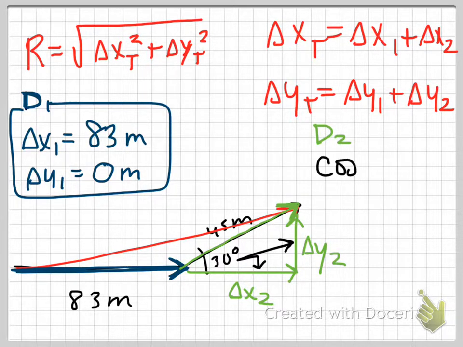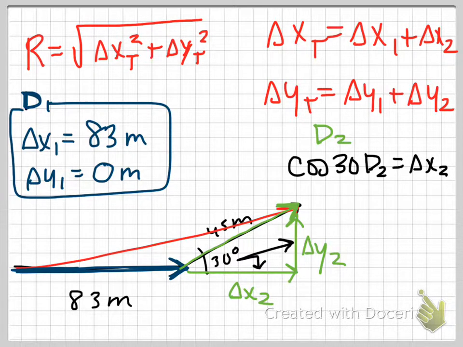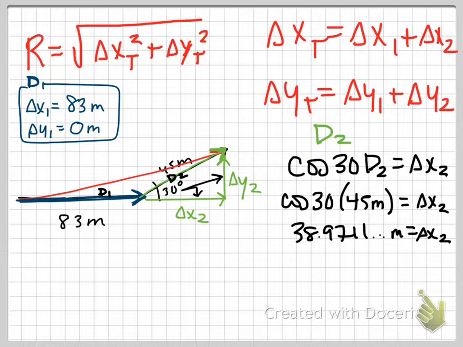So cosine of 30 times d2 equals delta x2. So I've got a raw number here. I'm going to do something else though, especially when you're tracking multiple component vectors.